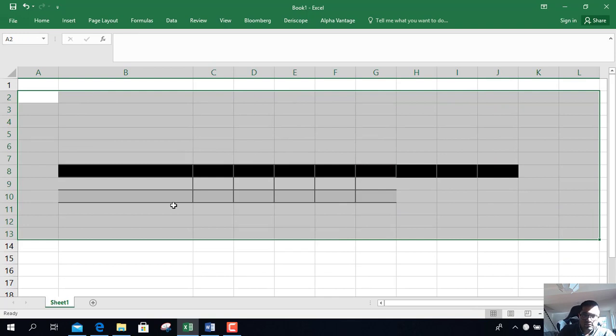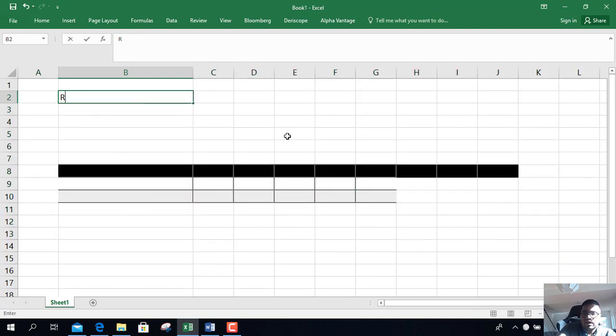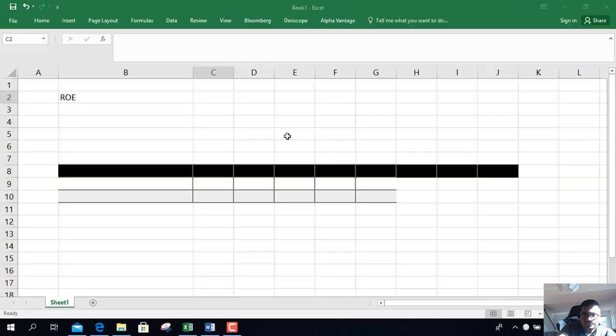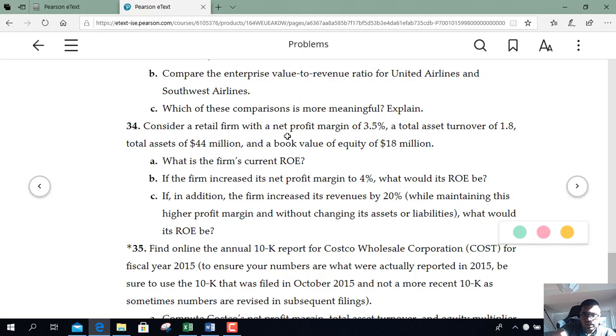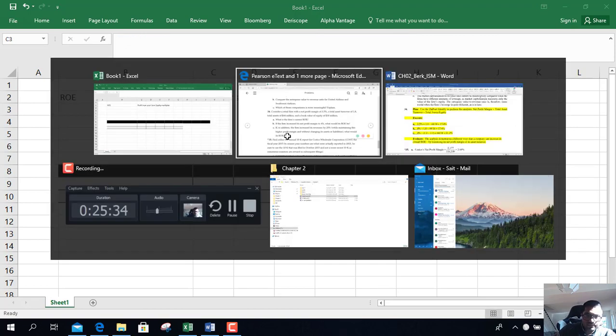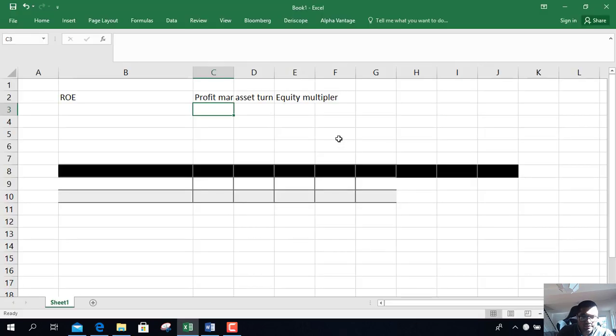So I'll delete this. So what is DuPont? DuPont says ROE equals profit margin multiplied by asset turnover and finally equity multiplier. Profit margin is given to you, 3.5%.